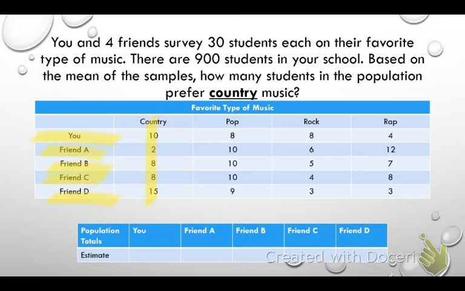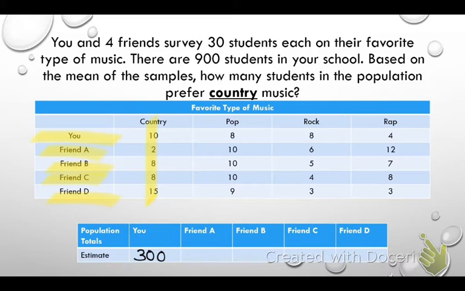I did finally figure this one out, so I'm about to explain it. There was just something missing, and it finally clicked with me yesterday. So let's go ahead and do all of our population estimates. For friend A, who knows, maybe they just asked a certain group of people that hate country music, because how many said country? 2 out of 30.